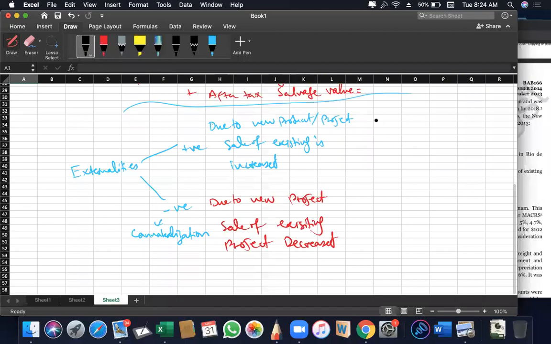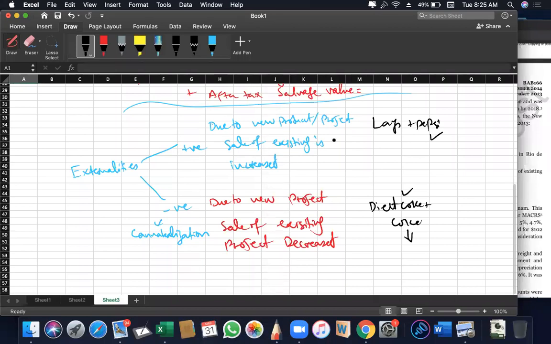Normally in the book that I gave you, the CFA use a very good example. For positive externality, they use the example of Lay's plus Pepsi. When they introduced Lay's, the sale of Pepsi products increased. And here it is Diet Coke plus Coke. Because of the Diet Coke introduction in the market, the sale of the existing product, Coke, has decreased.